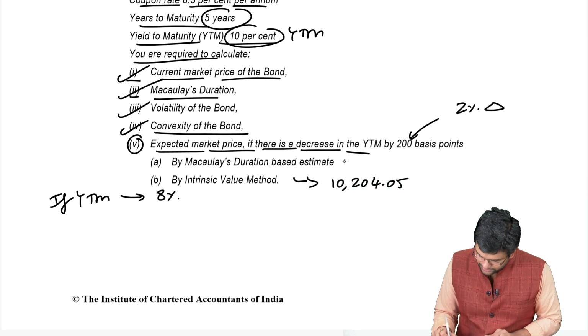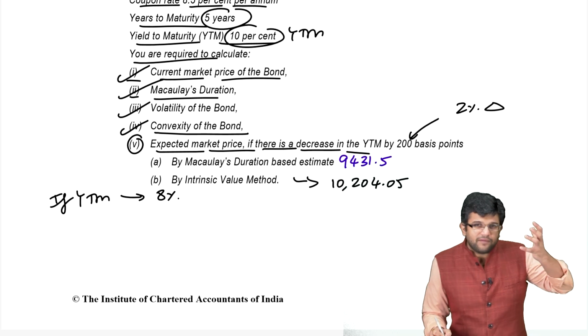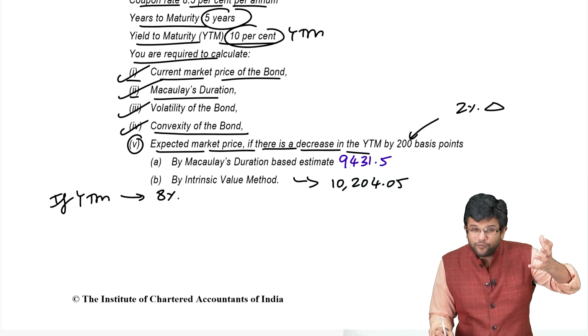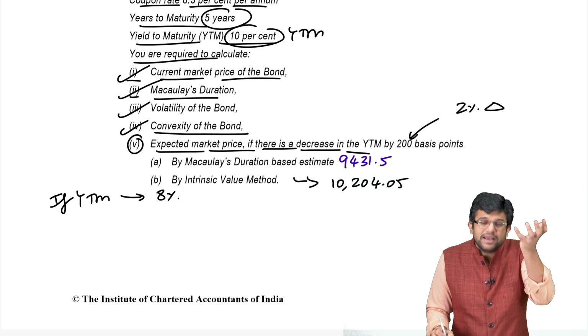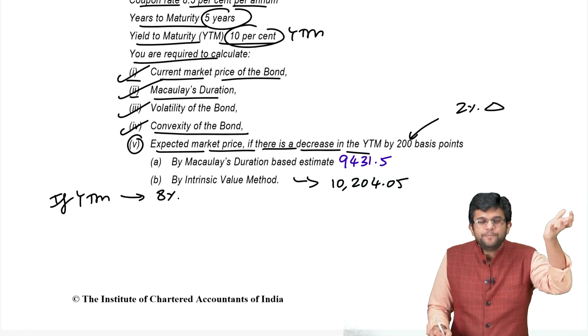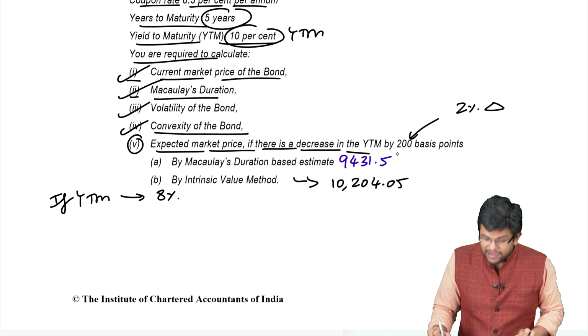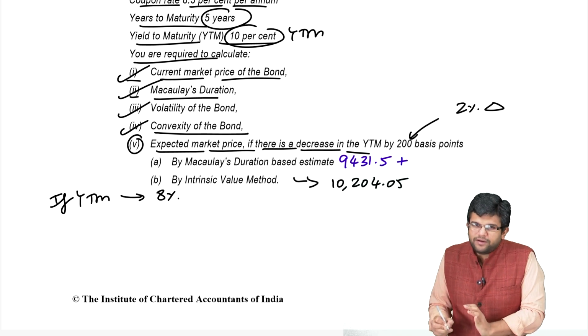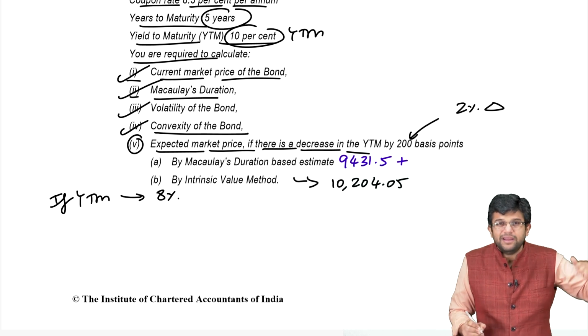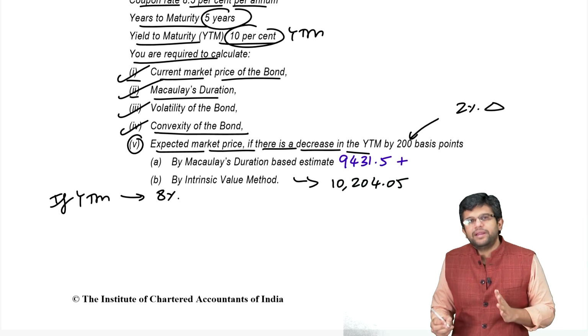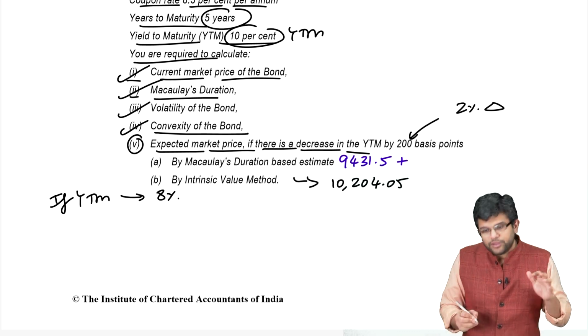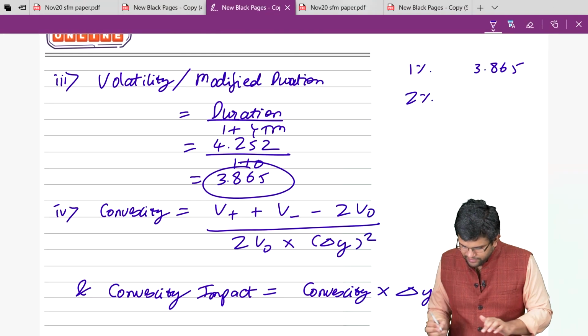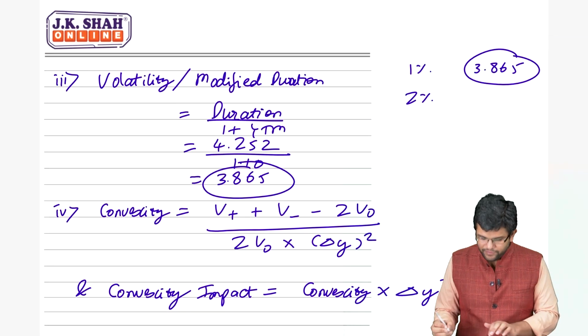So what I will do, I'll write down here 9431.5. Now children, at 10% YTM, 9431.5 is the current market price. If the YTM drops by 2%, the price of the bond will increase, correct? According to the volatility, the volatility that we have got is 3.865 for 1%.